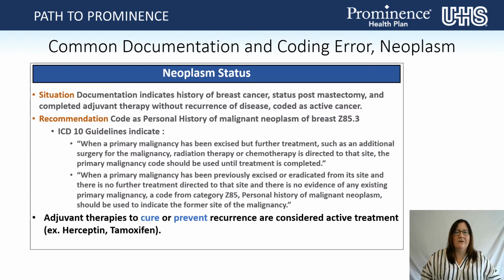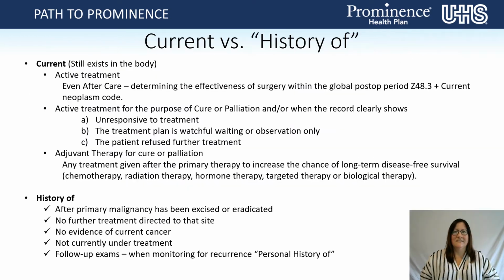But when the primary malignancy has been previously excised or eradicated from its site, and there's no further treatment directed to that site, and there's no evidence of any existing primary malignancy, a code from category Z85, personal history of malignant neoplasm, should be used to indicate the former site of the malignancy. Specific to adjuvant therapies to cure or prevent recurrence that are considered active treatment, this must be supported in your clinical documentation and stated as such.